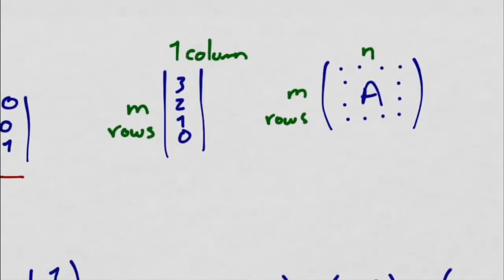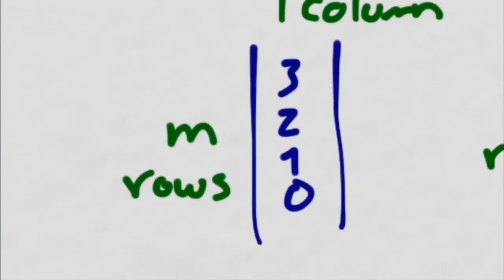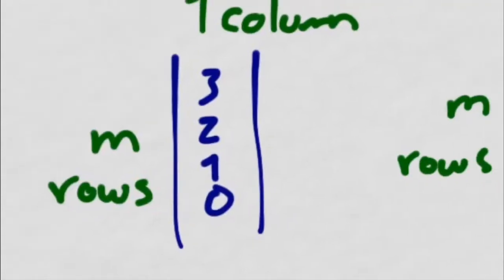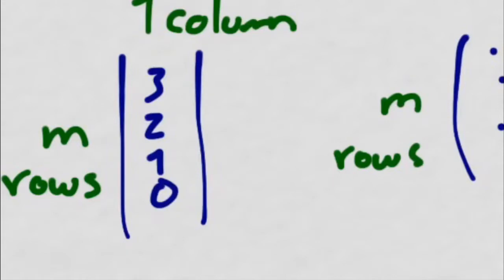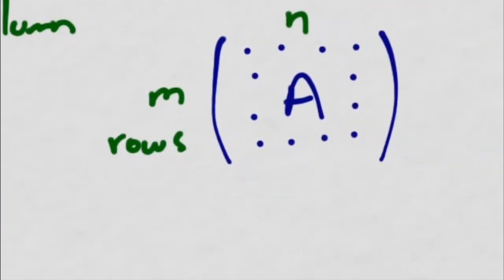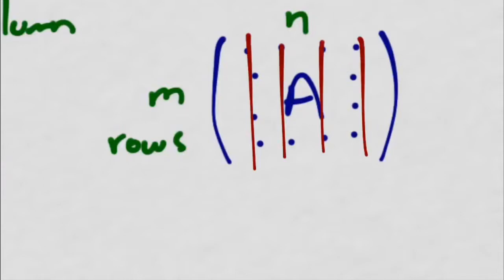So if a vector can be seen as an object with m rows and 1 column, what is a matrix of size m rows and n columns? Well, you guessed it, a collection of vectors, n vectors. From now on, I want you to see a matrix and think of it as a collection of vectors instead of just simply columns.